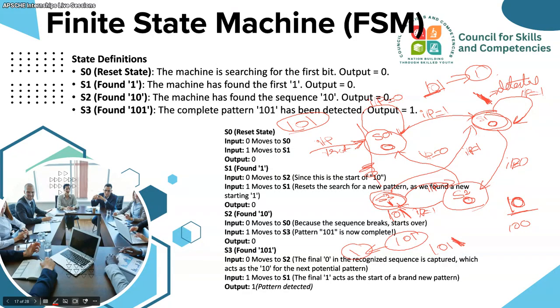So we already got 1. Let us move to the S1 state, because in this state 1 will be detected, then it will carry on.